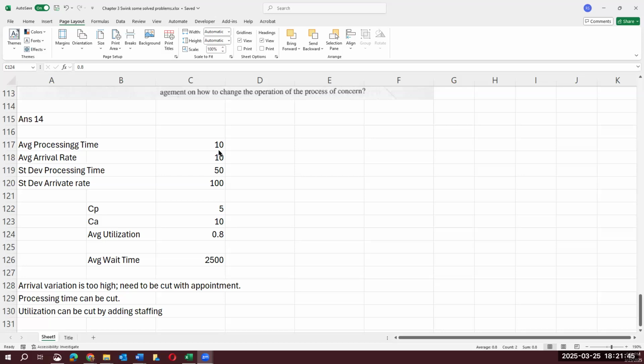Another thing they can do is reduce the processing time. Another is to reduce the arrival variation by giving appointments. So arrival variation can be cut down with appointments, processing time can be cut down, or utilization can be decreased by adding more workers, so they are not busy 80%, that high percentage of time. So that is basically the answer.